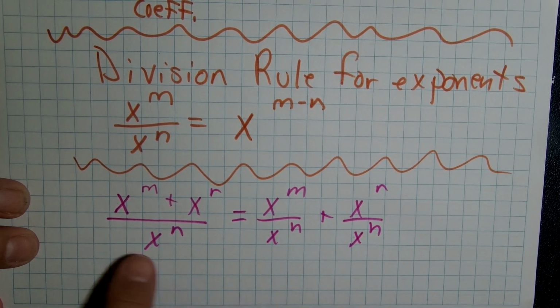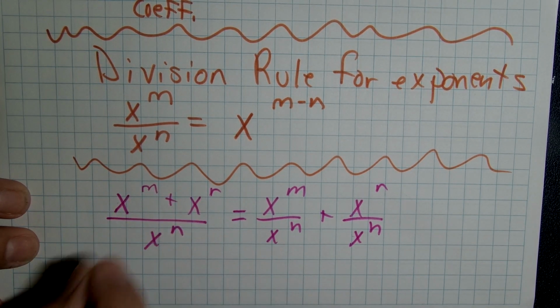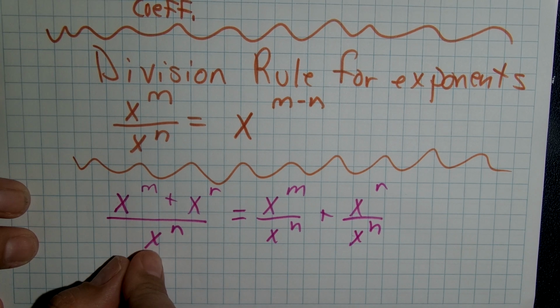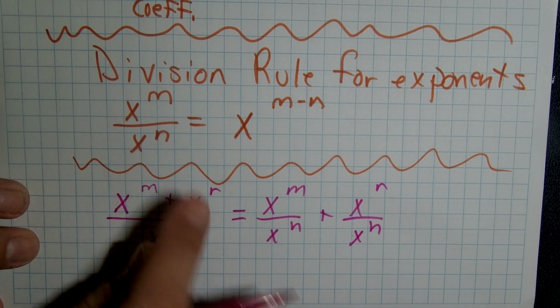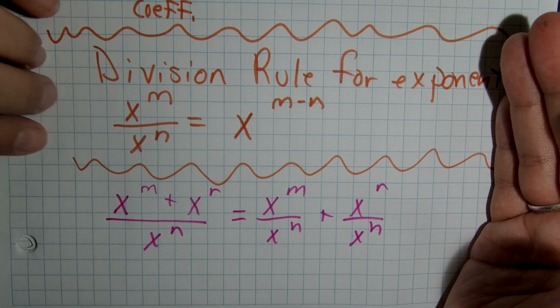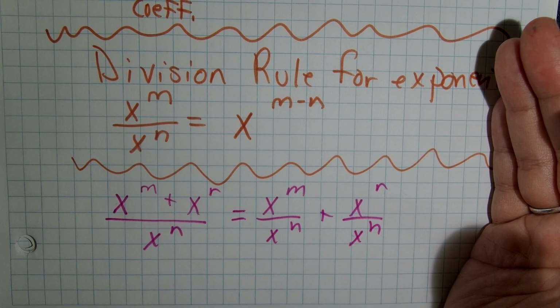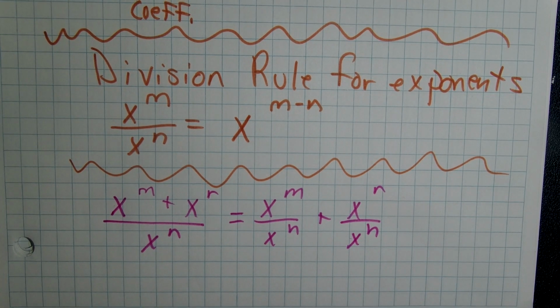So I took any term in the numerator and divided it by the denominator. See? And then you can apply this rule. Yes, you're going to need these two rules for level 2. When you're done with that, take out the example sheet. You can either write the examples in your notebook or on the sheet, okay?